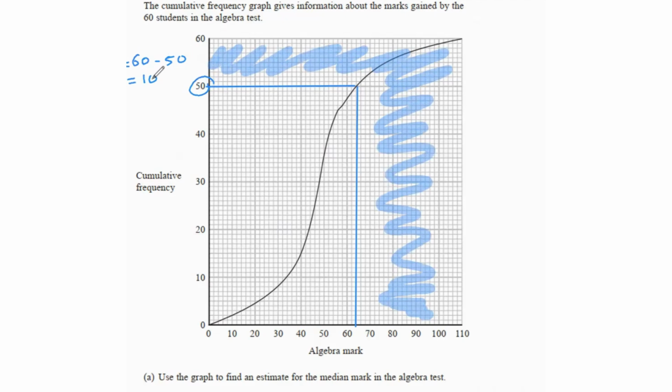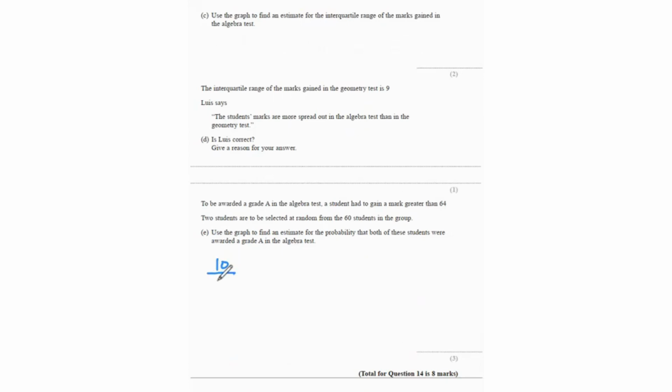Now the question is saying 2 students are to be selected at random from the 60 students in the group. We have to find an estimate for the probability that both of these students were awarded a grade A in the algebra test. So out of the 60 students, we know 10 students can get an A. So for the probability, we will do 10 out of 60.